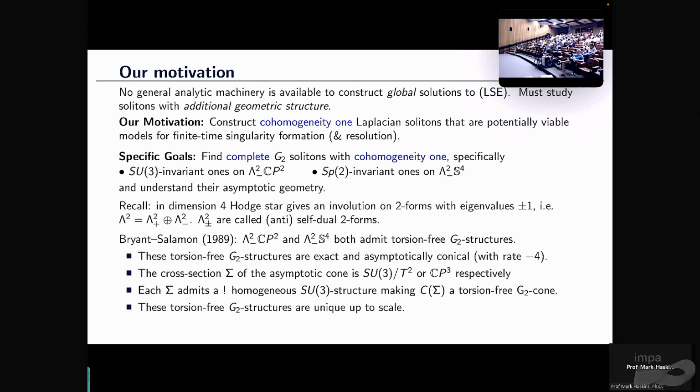These torsion-free G2 structures are exact.